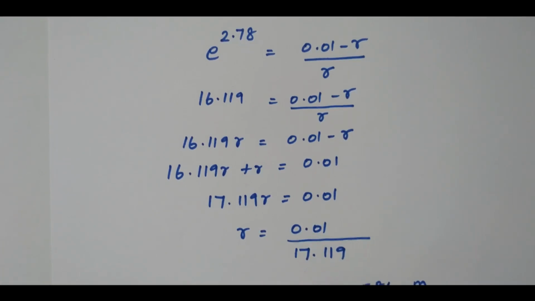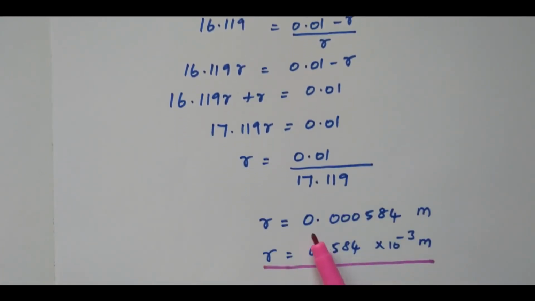By simplifying this, what we got? 0.00584 meter. That can be written as 0.584 into 10 to the power minus 3 meter. So for epsilon r equal to 2, we got the value of r, that is the size of the conductor, as 0.584 into 10 to the power minus 3 meter.